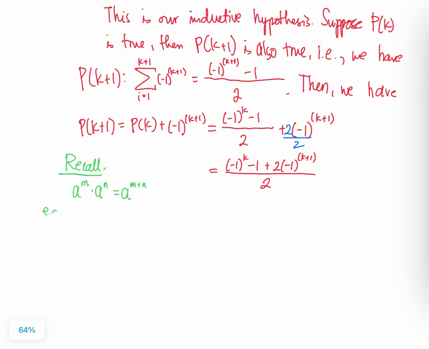For example, 2 raised to 3 times 2 squared is going to give you 2 raised to 5, that's 3 plus 2. You can double check that: 2 raised to 3 is 8, multiplied by 4 gives you 32. And that is correct.